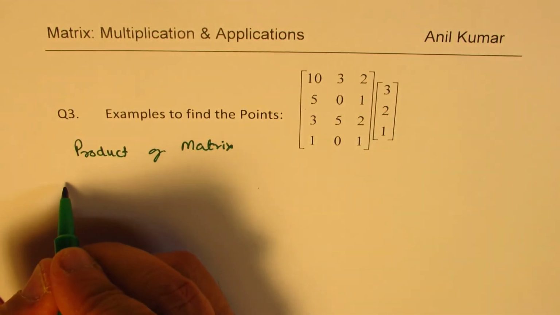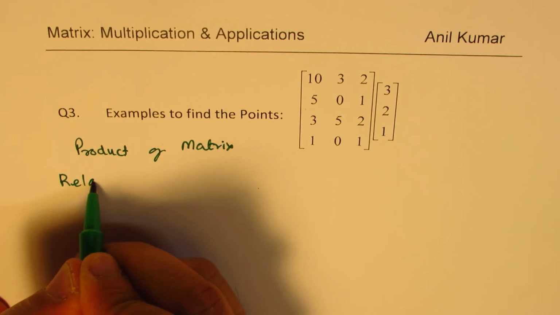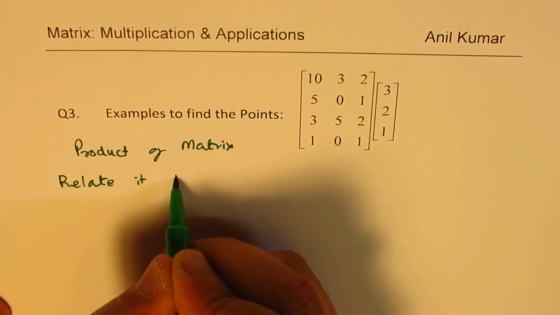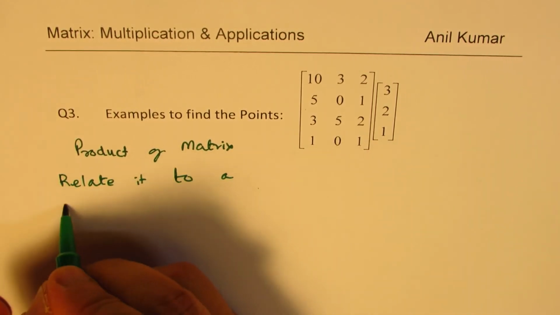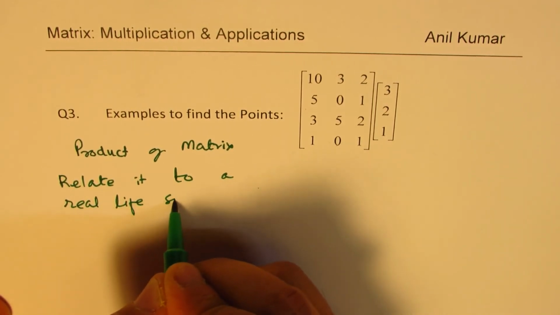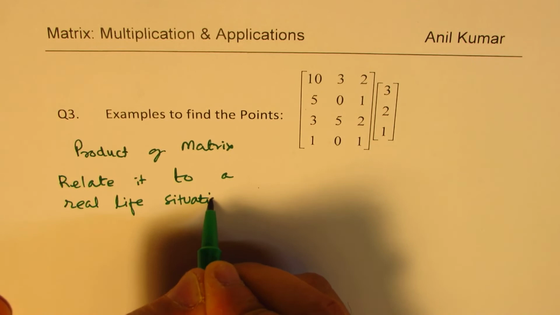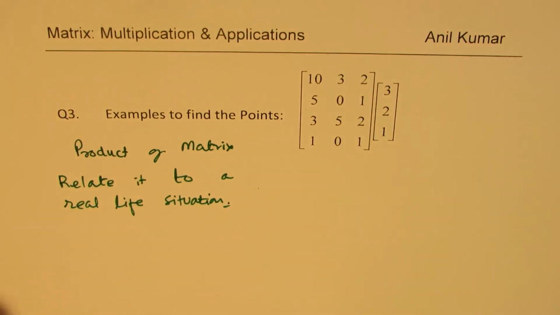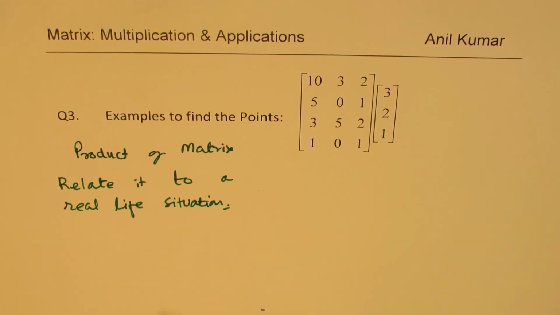I would like you to relate it to a real life situation. Correct? So try to relate this to a real life situation. I pause the video for some time and then look into my solution. That will be interesting. I hope you must have got many situations for this kind of a matrix.